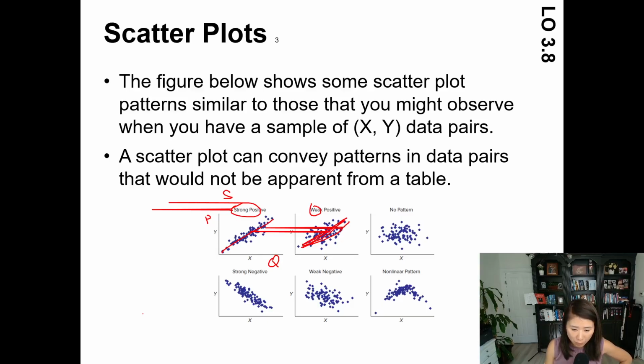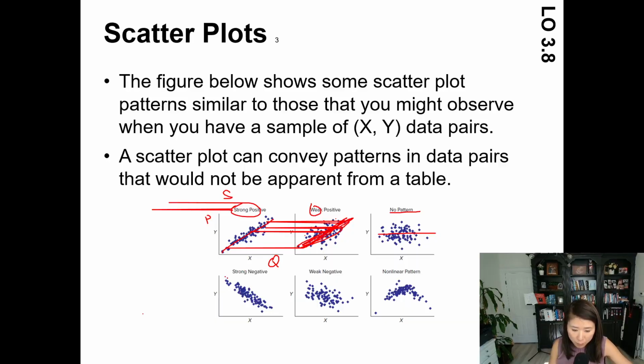For the second one, although we see this upward trend, we also see a lot of dots that are very far away from the trend line. In that situation, it's considered weak. The last one is no pattern, where the trend line is more like a horizontal line, and we consider it no pattern or no correlation.